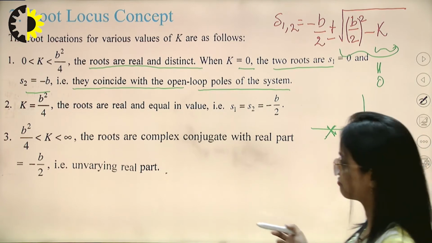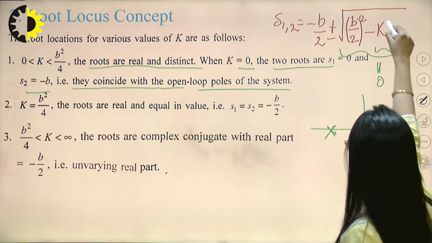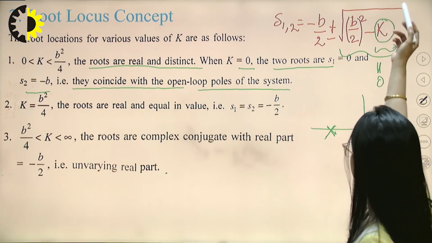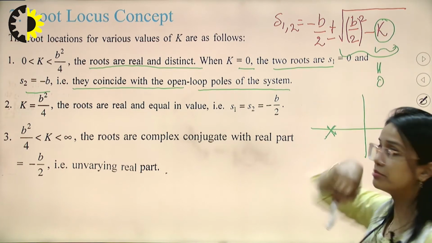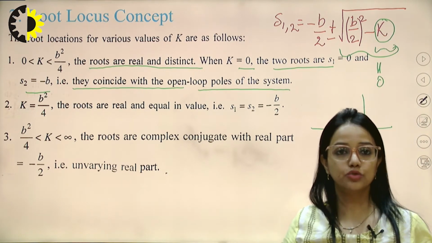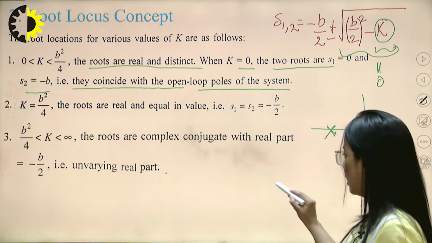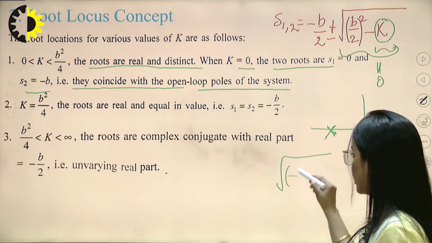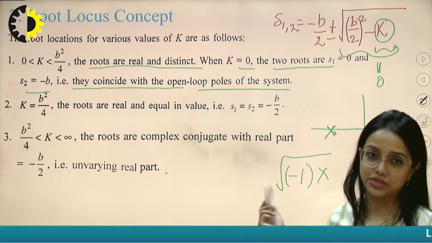Next is, let's say that this value of k is greater than b square by 4. So this complete value which is within the root over becomes negative. When we have anything within the root over and the sign is negative, we have an imaginary term related to that.